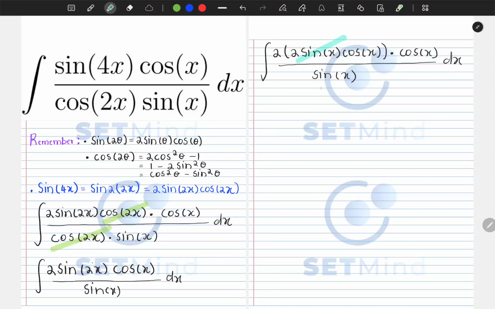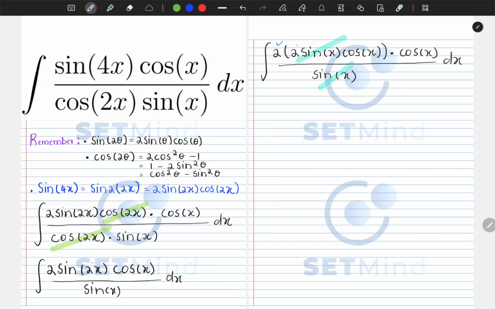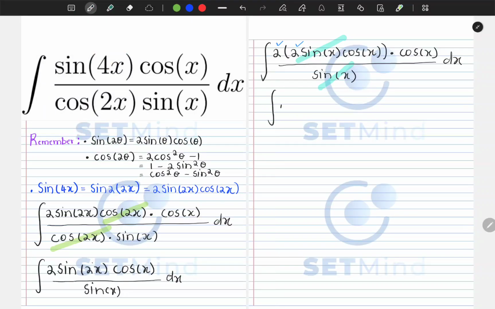And if you observe carefully, we have terms that can cancel and will cancel. The sine and the sine are cancelling each other. Then you'll see that what we have is just a 2 by 2, which will give us a 4. So we have the integral of 4 cos of x times cos of x dx.